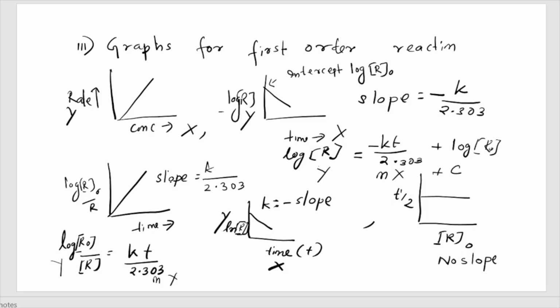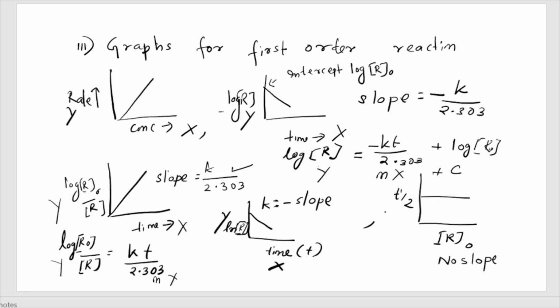That means here the slope is k by 2.303, and y is log r0 by r, where you should put the molar concentration sign. Slope equals k by 2.303, and this is the formula where y equals mx plus c, where c is 0, no intercept. Then come to t half.